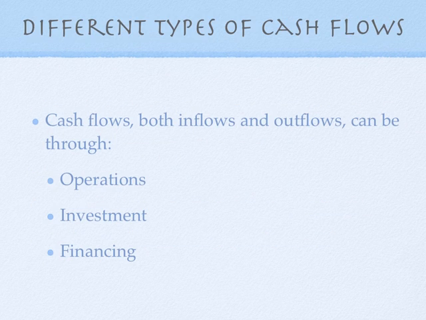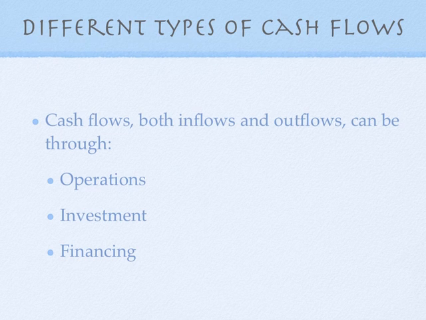Cash flows can be of three different kinds. One is cash flow from operations, the second is cash flow from investment, and the third is cash flow from financing. In each of these categories, you could have both inflows and outflows. For example, investment cash flows are those related to buying and selling of long term assets.